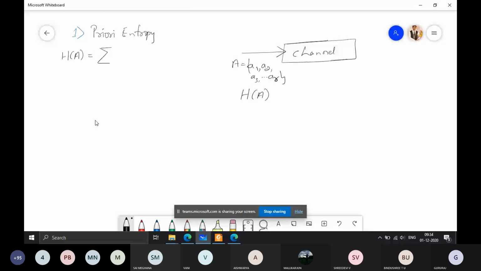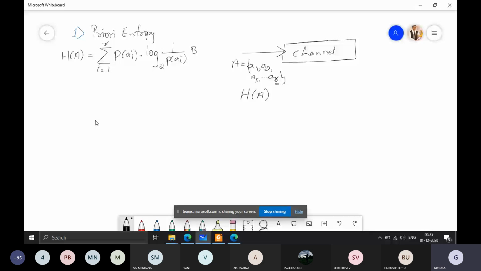The entropy of a source which emits Q symbols is summation i equal to 1 to Q. But here there is no Q; the number of input symbols is R, so it is i equal to 1 to R, P of Ai into log 1 by P of Ai to the base 2, and the unit is bits per symbol.